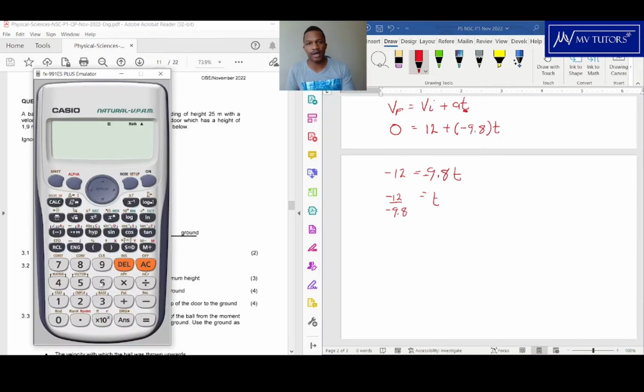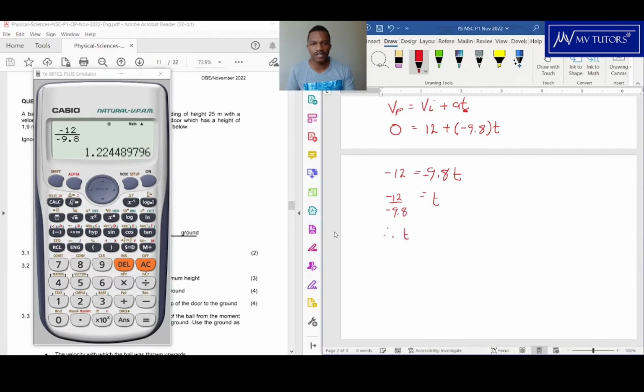All right, there's my calculator. I'll put negative 12 divided by negative 9.8. Oops, did I say 19? I meant 9.8. Final answer should be positive. Let's change it to a decimal, 1.22.